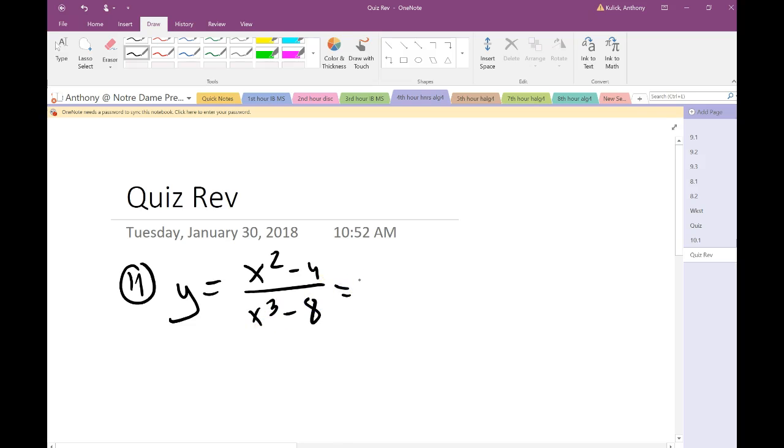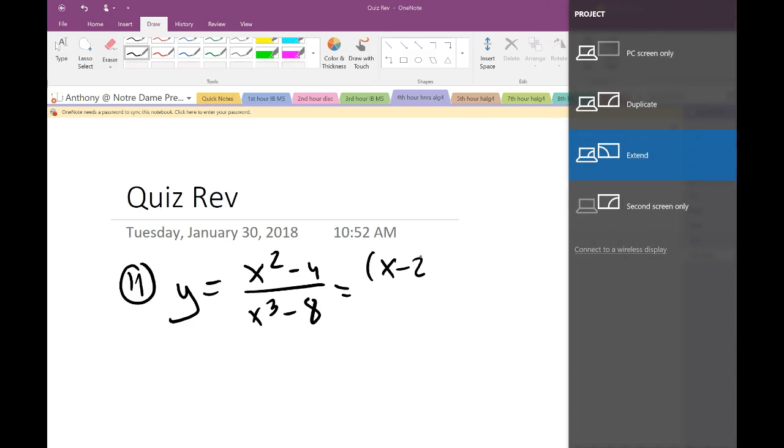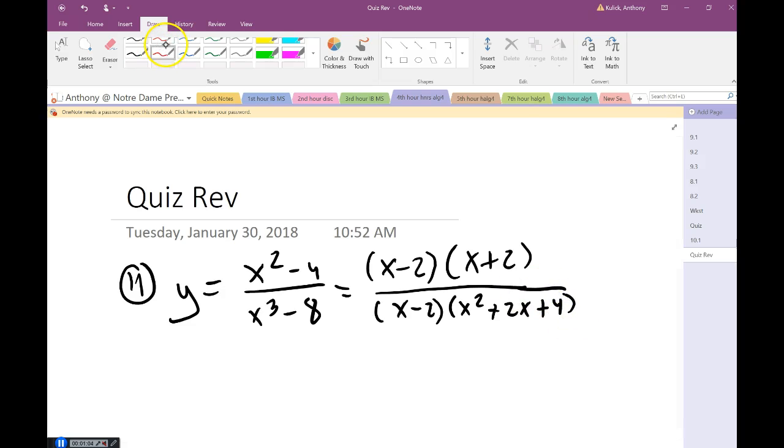So the first thing I'm going to do is check to see if I can factor this. And now to find the domain, I'm going to take the denominator and set it equal to 0 and solve.